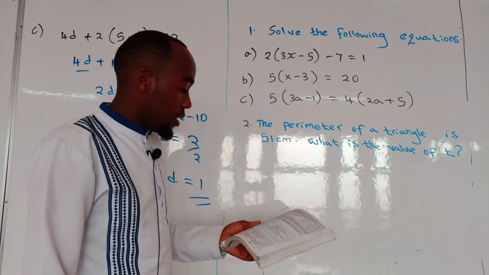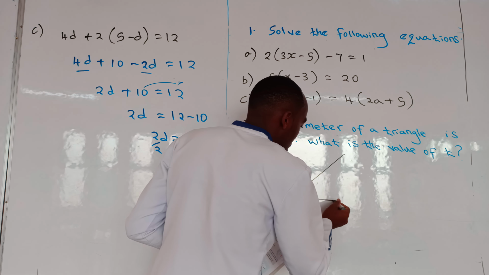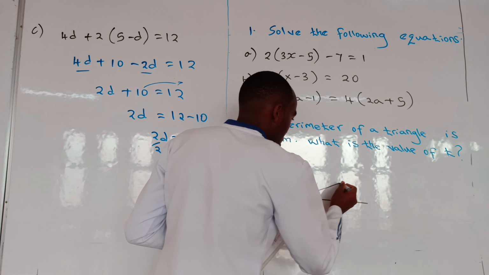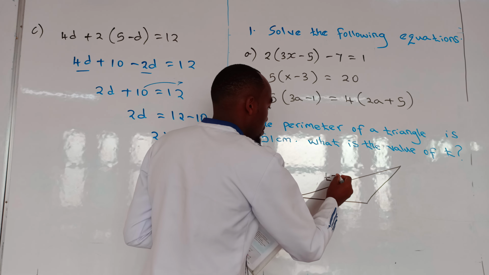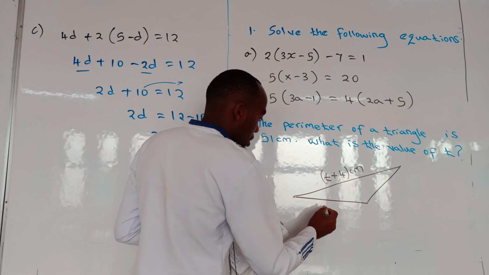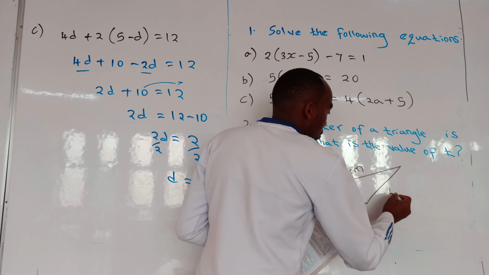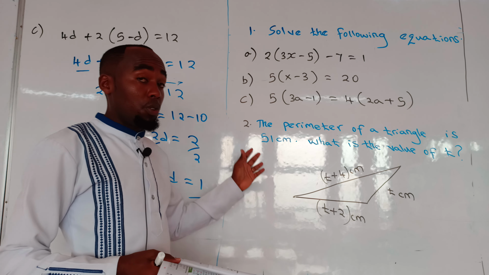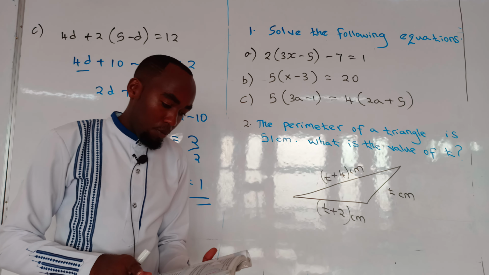Given this diagram here, this is the diagram we are working on. This is our triangle. This is t plus 4 centimeters. Here we have t plus 2 centimeters. And here we have t centimeters. Yeah? Therefore, of course, using the method for finding perimeter of a triangle, now find the value of t.